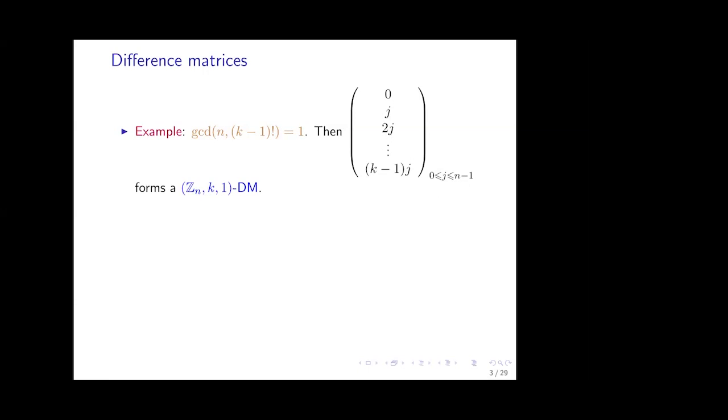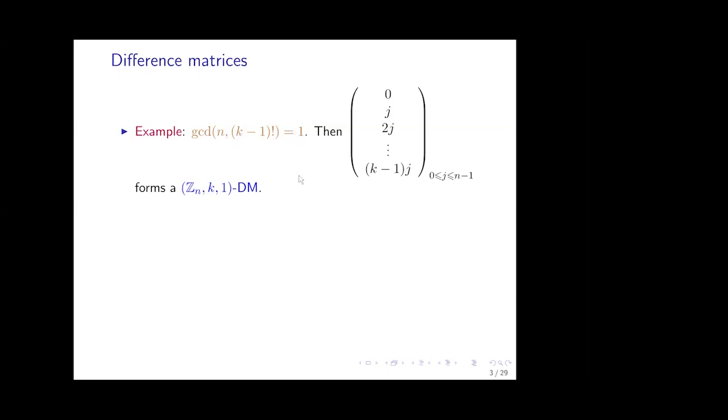Because the first row is 0, when the other row minus the first row is going to cover all the elements of the cyclic group of order n exactly once, these rows must be a permutation of Zn. So we require n to be coprime to (k minus 1) factorial.